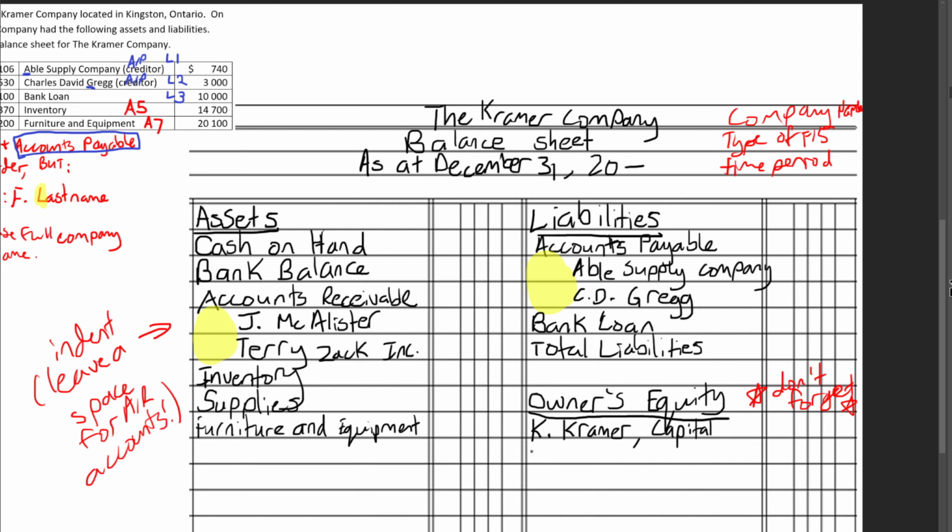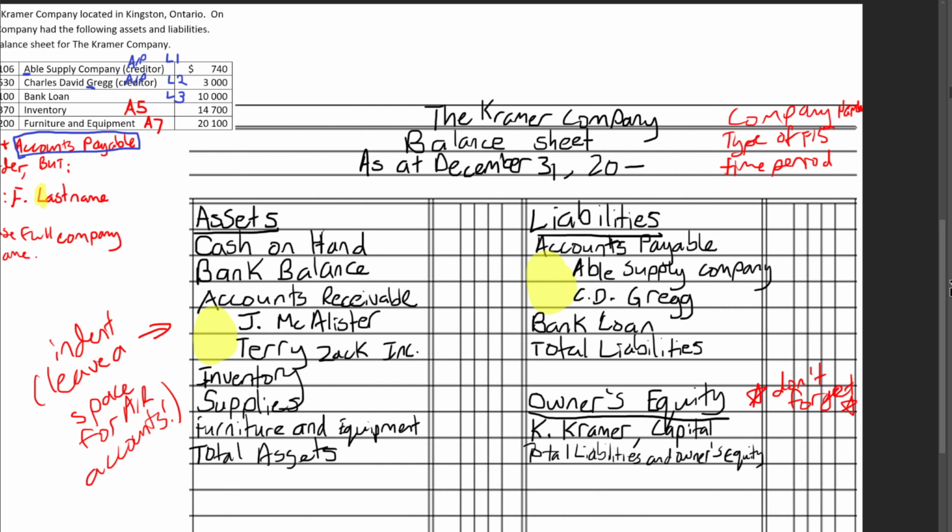I see that I have one, like a blank line all the way across. So I can write total assets here because it lines up with this one, which is total liabilities and owner's equity. And you may need to write small to fit it in. If you can't fit it, you can just put it on the second line. And I'm going to write my total assets on the other side.